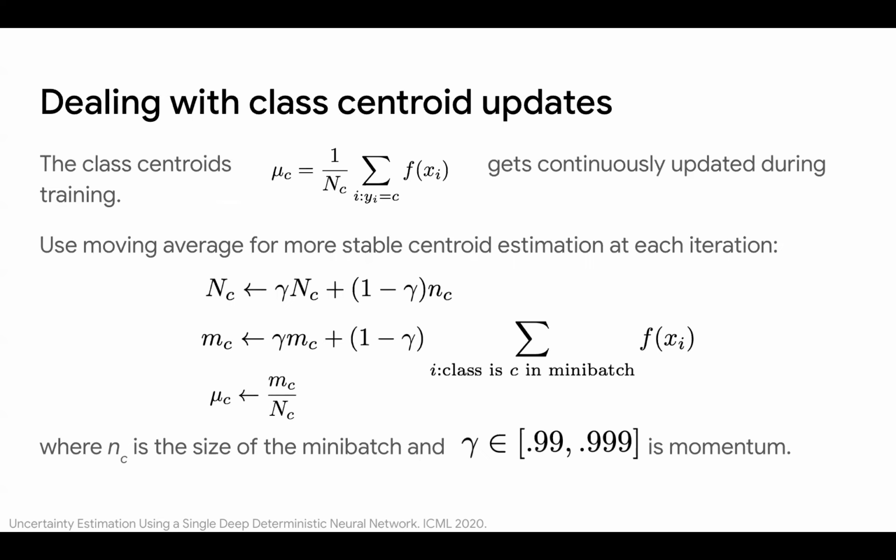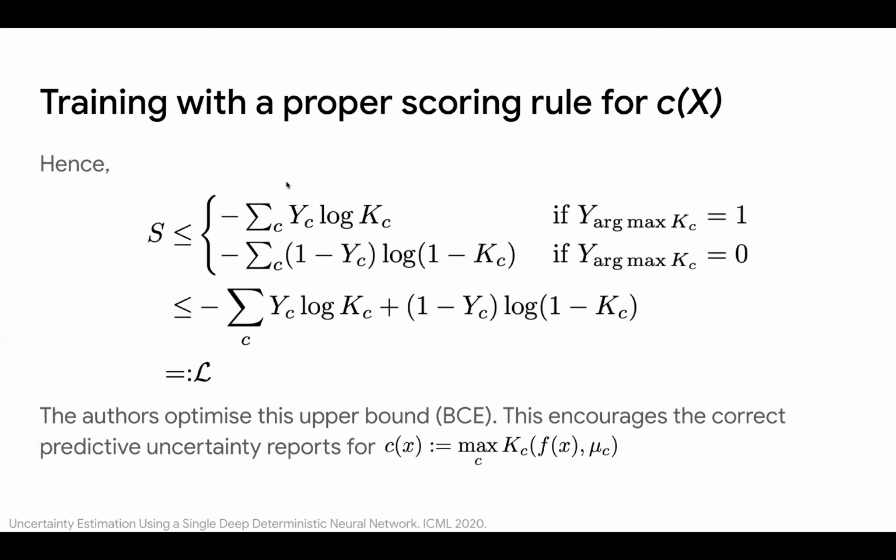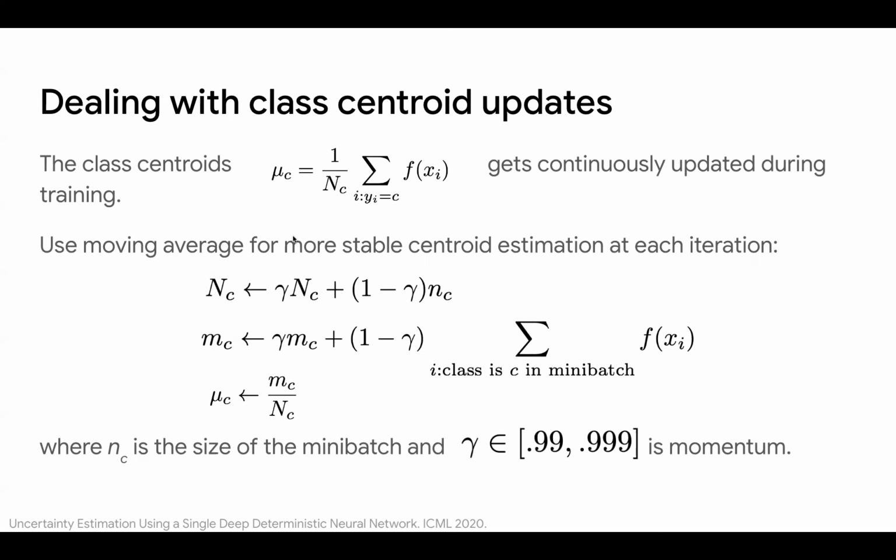And there's one more trick they used. They're making use of the class centroids, right? Because for computing K, they needed to compute the distance between every sample and the corresponding class centroid. And if you think about class centroids, they're actually moving across training iterations.